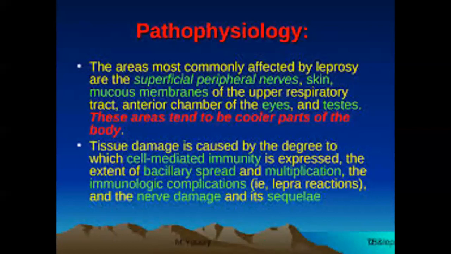Tissue damage is caused by the degree to which cell-mediated immunity is expressed, the extent of bacillary spread and multiplication, the immunologic complications of the lepra reactions, and the nerve damage and its sequelae. Now, this is leprosy in an older woman. You can see that.